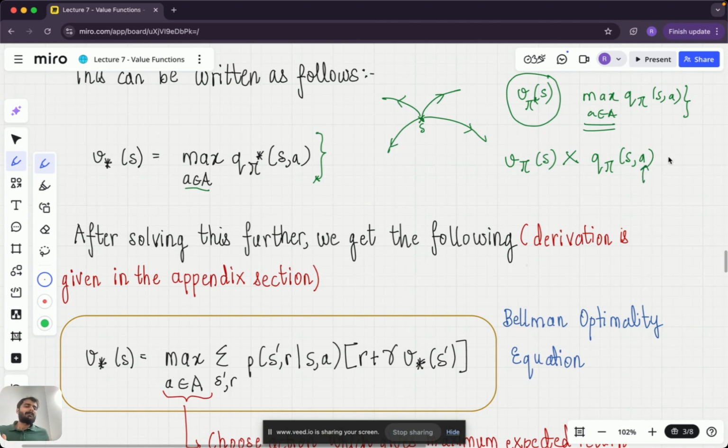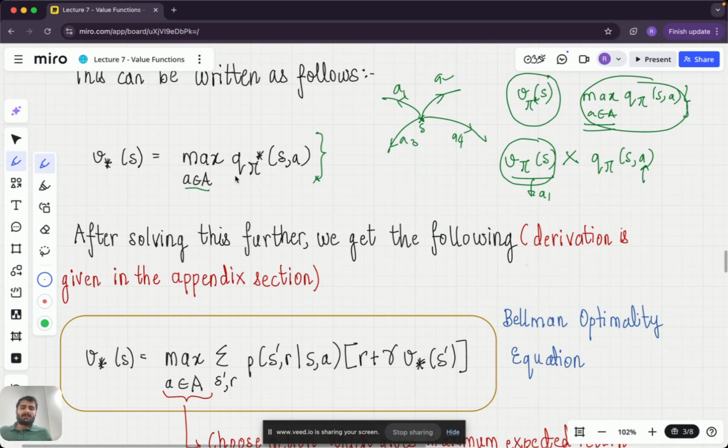So let's say there is a1, a2, a3 and a4, and your policy tells you to take action a1, but here I might have a2, a3 or a4. But if the policy is optimal, then here my agent will choose an action which maximizes this, which is what we are writing in this expression.